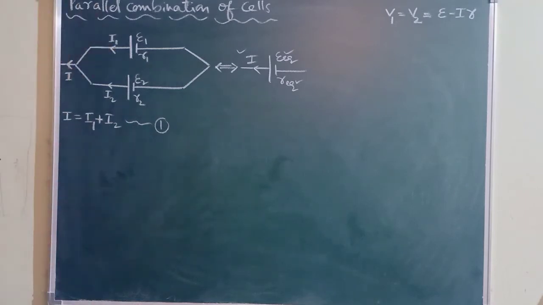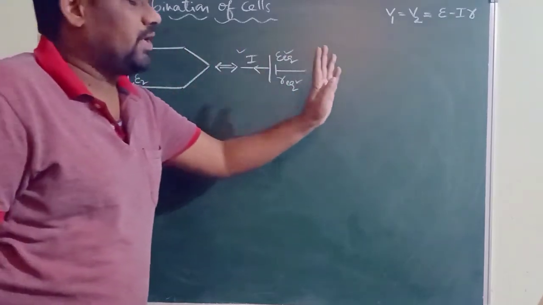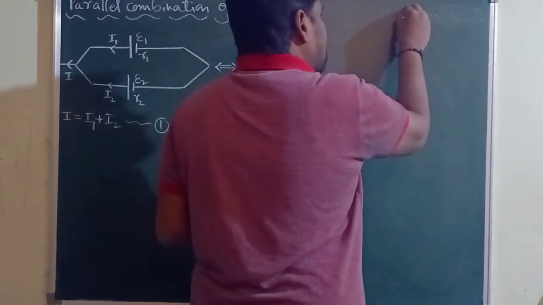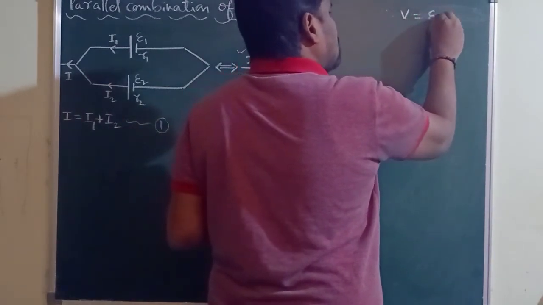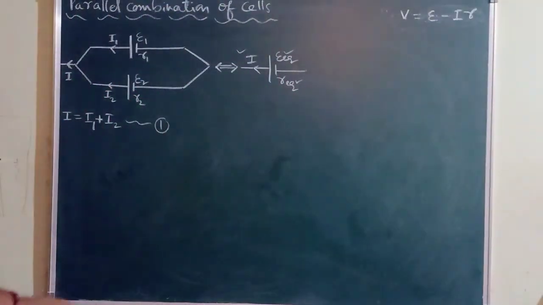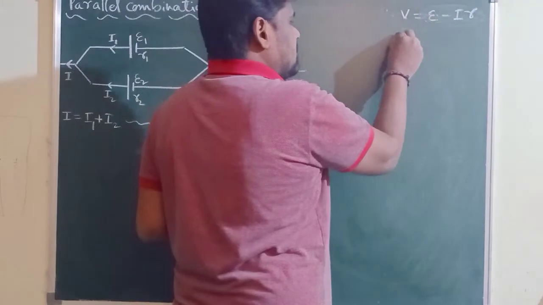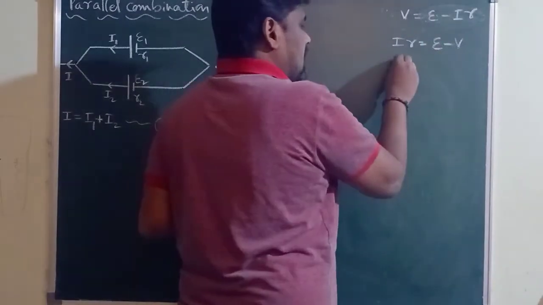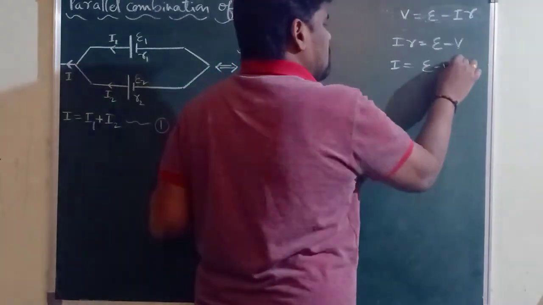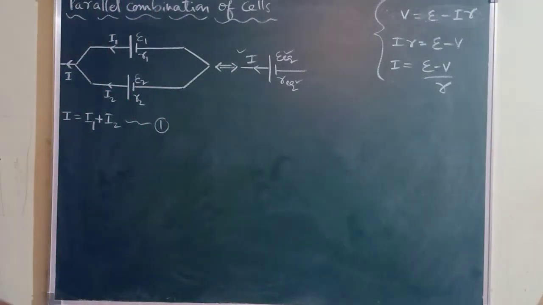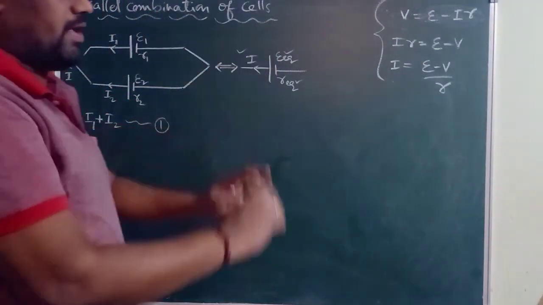Both the cells have the same terminal potential difference. In general, V equals E minus IR. This is the formula to calculate the terminal potential difference. If you transfer IR this side, IR equals E minus V, or I equals (E minus V) divided by R.